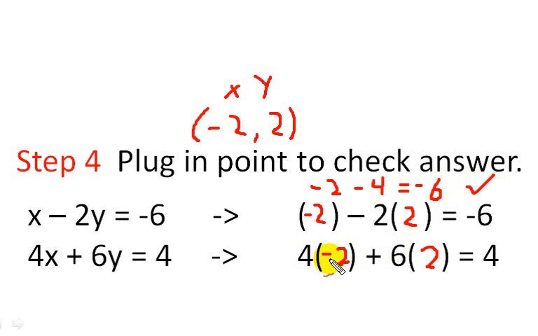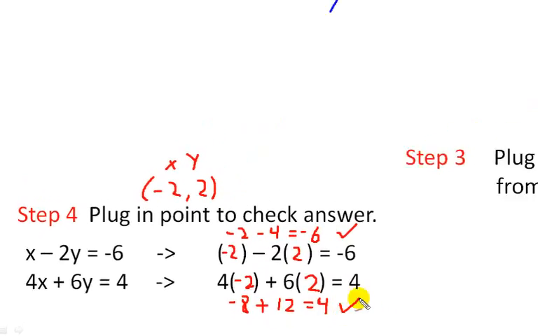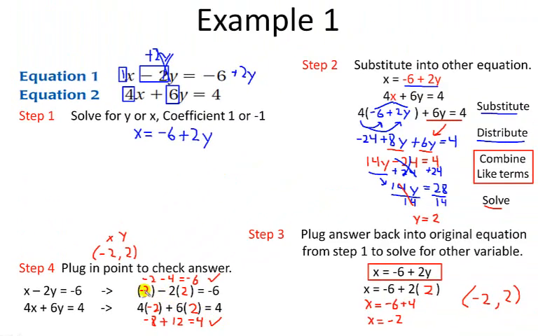This bottom equation, 4 times negative 2 is going to give me negative 8, plus 6 times 2 is going to give me 12. I want to see if this does in fact equal 4. If I take negative 8 and add 12, yeah, that does equal 4. So this is true. I saw both my equations do hold true plugging in my point, so this answer is correct.